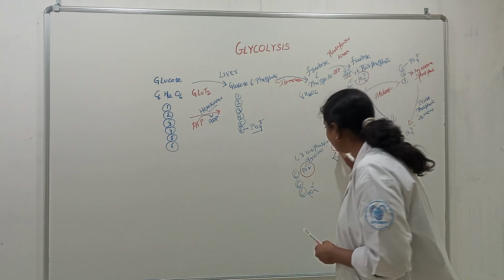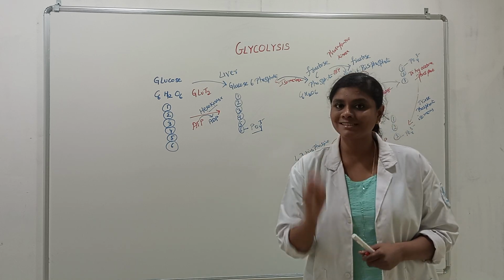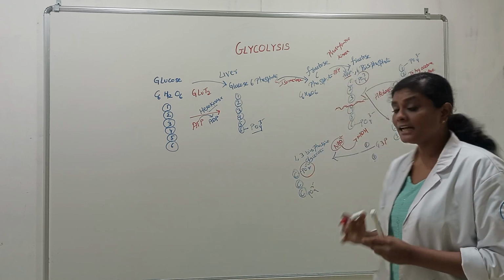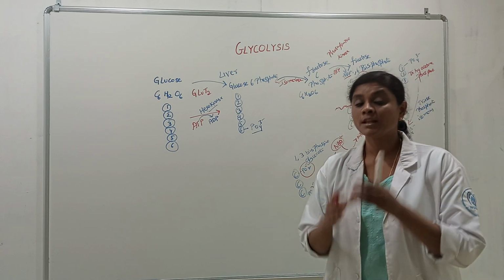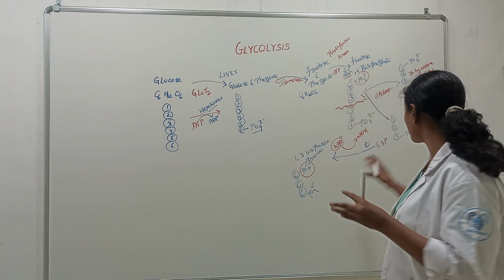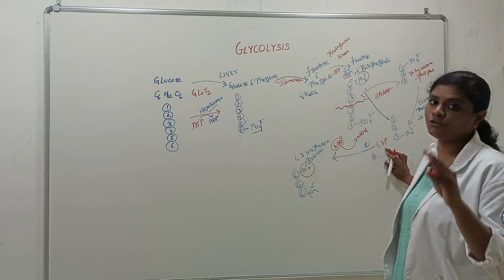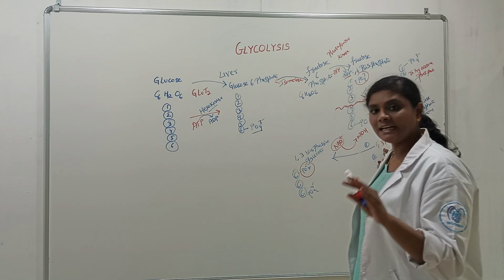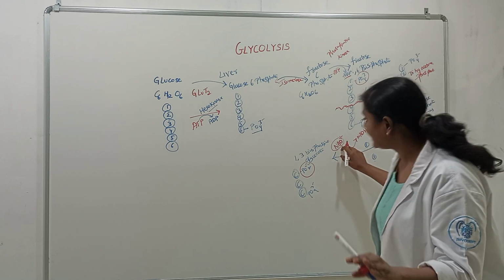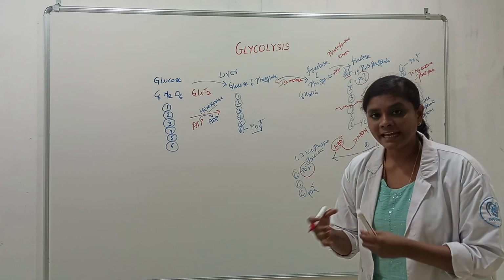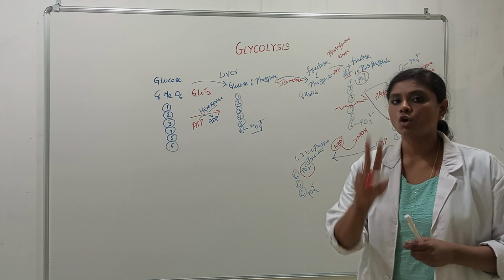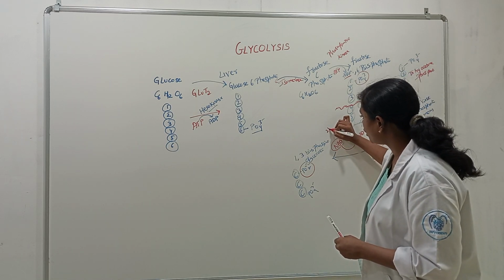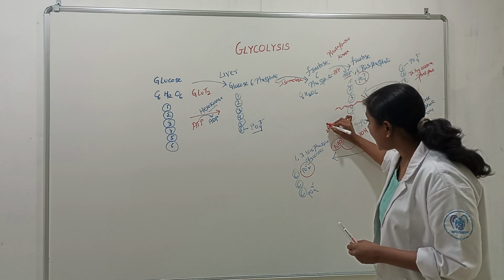So this NAD plus has the capacity to draw electrons. Now, where do these electrons come from? From the hydrogen atoms present in the glyceraldehyde 3-phosphate structure. So, from the glyceraldehyde 3-phosphate, NAD plus will take 2 hydrogens.